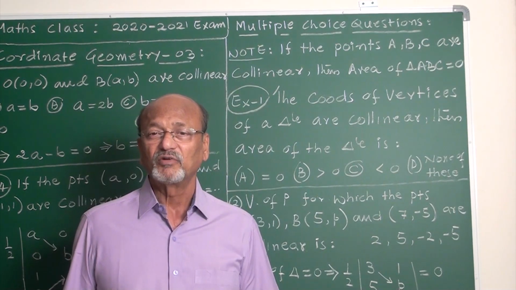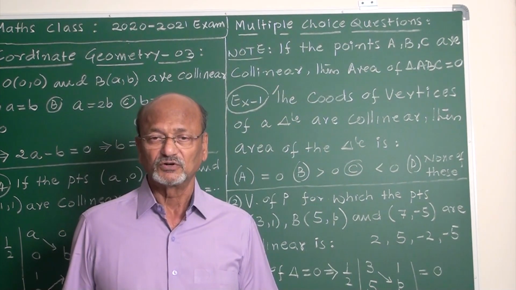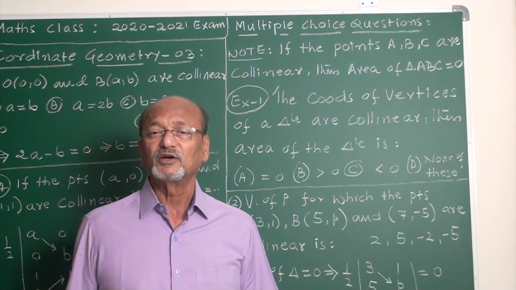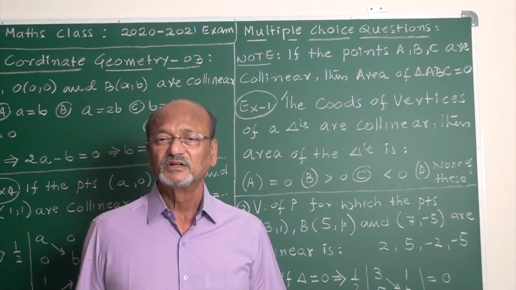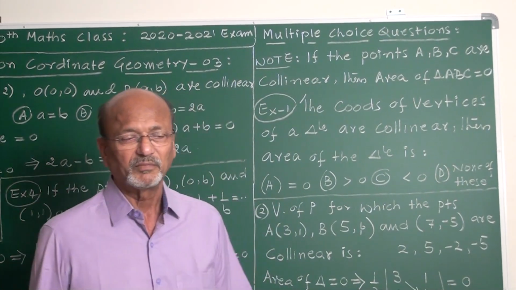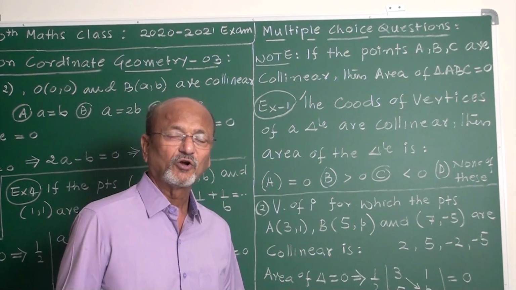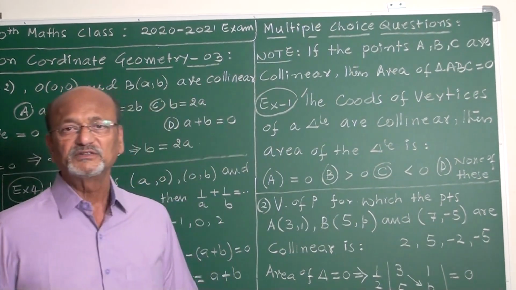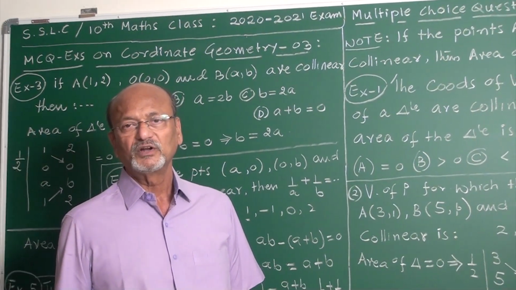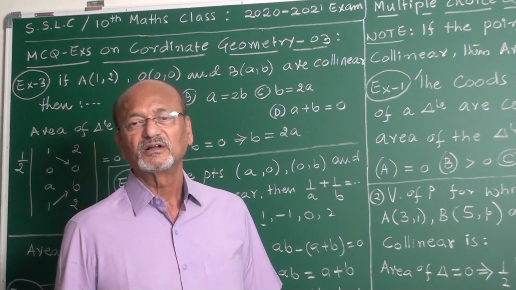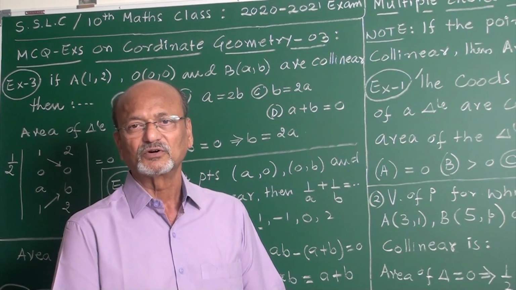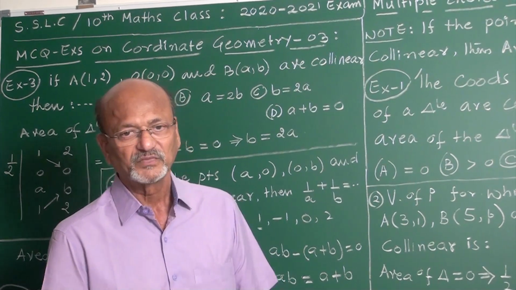This happens when the area of a triangle is 0. Conversely, if the points are collinear, then the area of the triangle is 0.